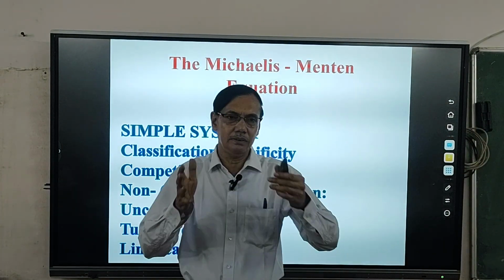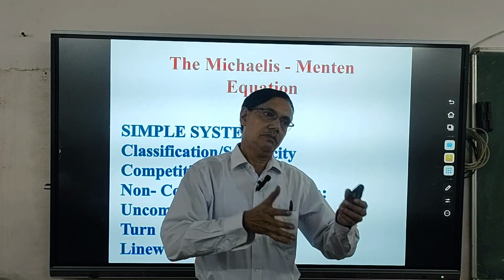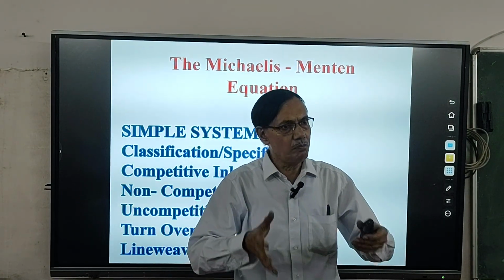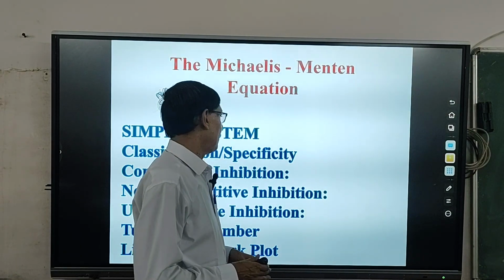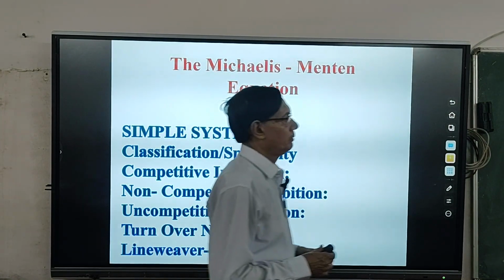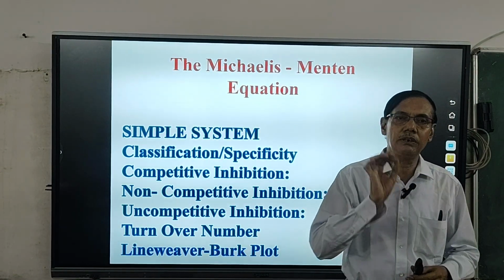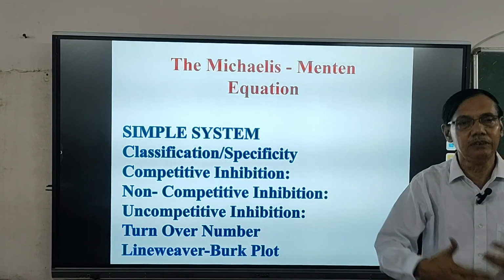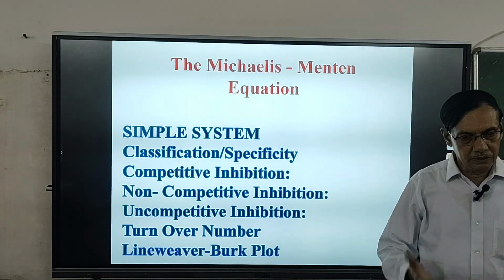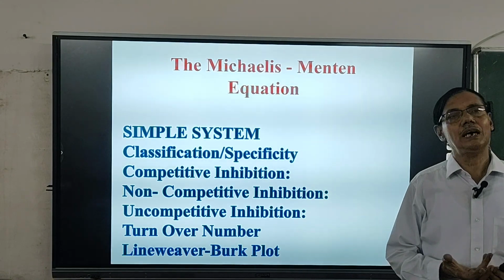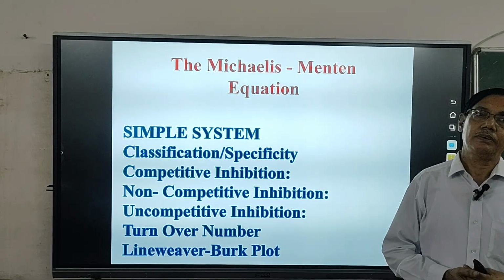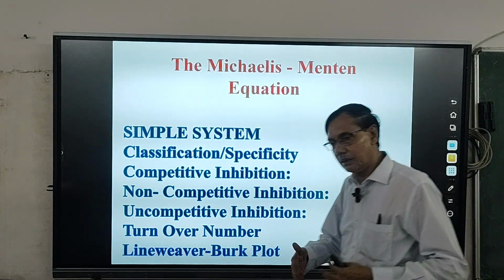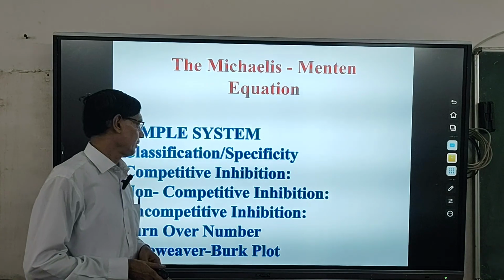You all know that enzyme first reacts with the substrate, and there is a formation of the enzyme-substrate complex. But sometimes in our biological system, the role of inhibition is very important, and there can be reversible inhibition, which means the activity of the enzymes can be regenerated. But if it is irreversible inhibition, then of course regeneration of enzymes is not possible.